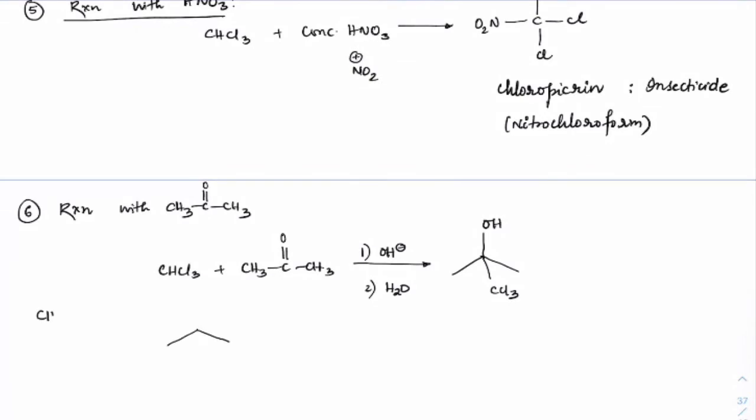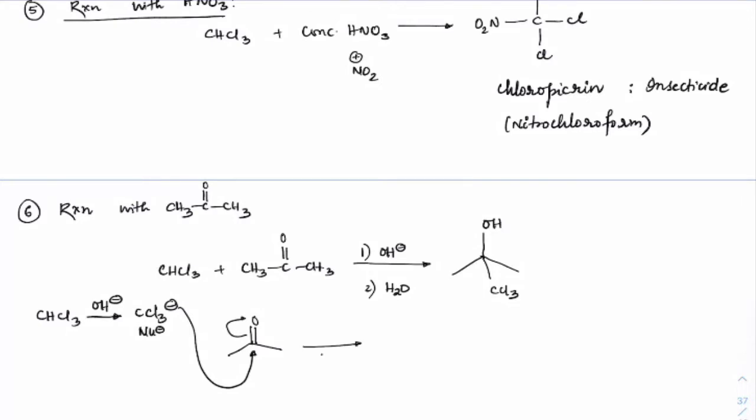First, CHCl3 in the presence of OH minus becomes CCl3 minus, which is a nucleophile. This nucleophile will attack the C double bond O by an SN mechanism.